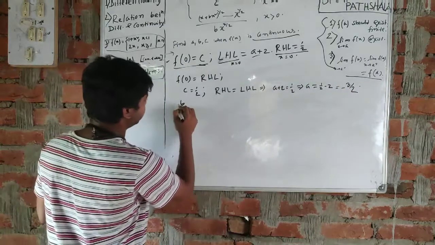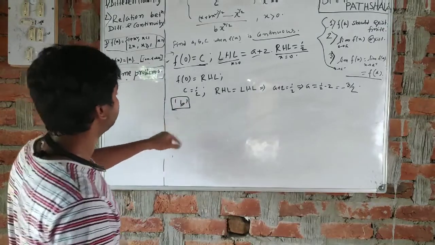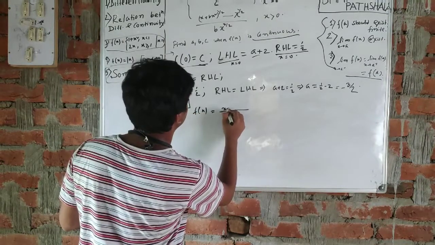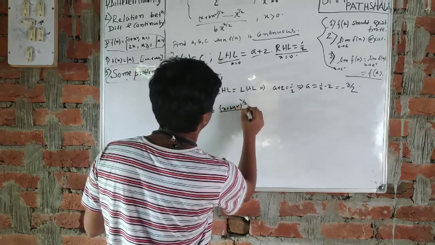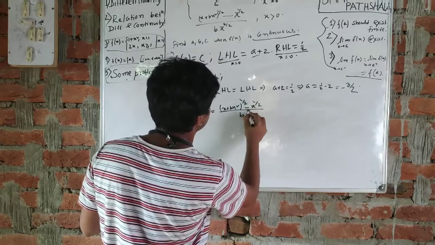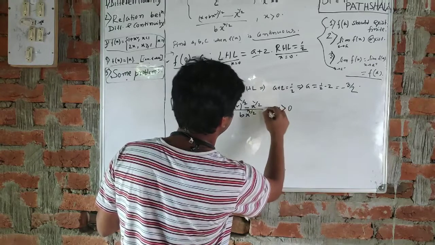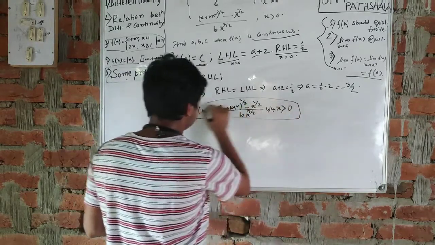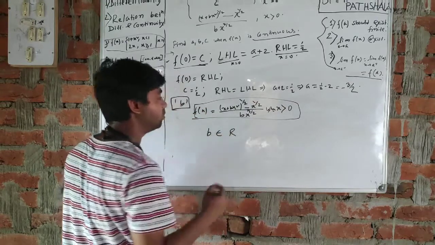Now, what about b? For this function, we need to say that f of x is equal to this function, (x plus bx squared) to the power half minus x to the power half, divided by bx to the power 3 by 2, for x greater than 0. Now look, this function is defined for all values that belong to R. Okay?